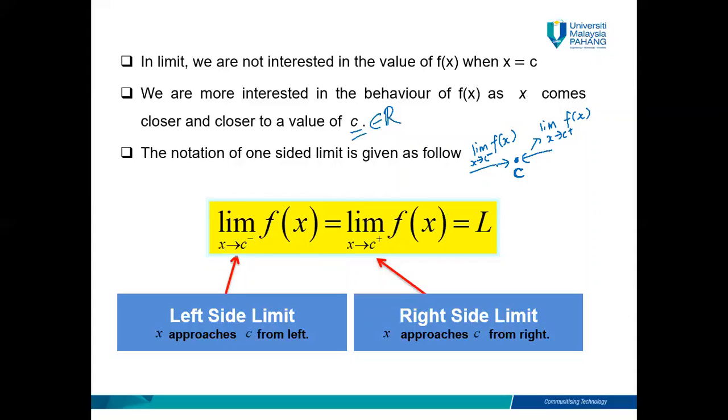So if the limit when x approaches c from the left is equal to the limit when x approaches c from the right, the same, then it equals L. L is a constant. That is the notation of a limit of a function.